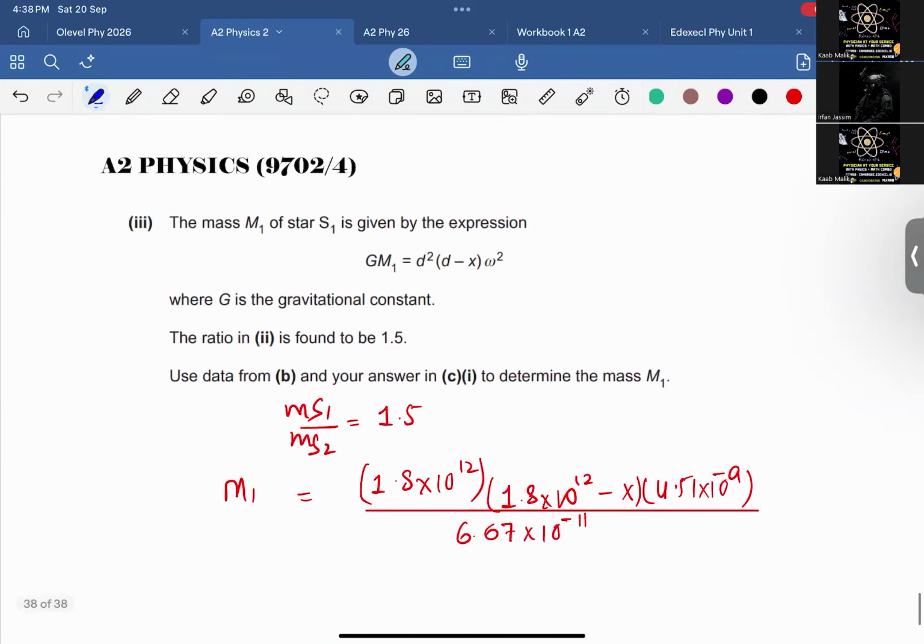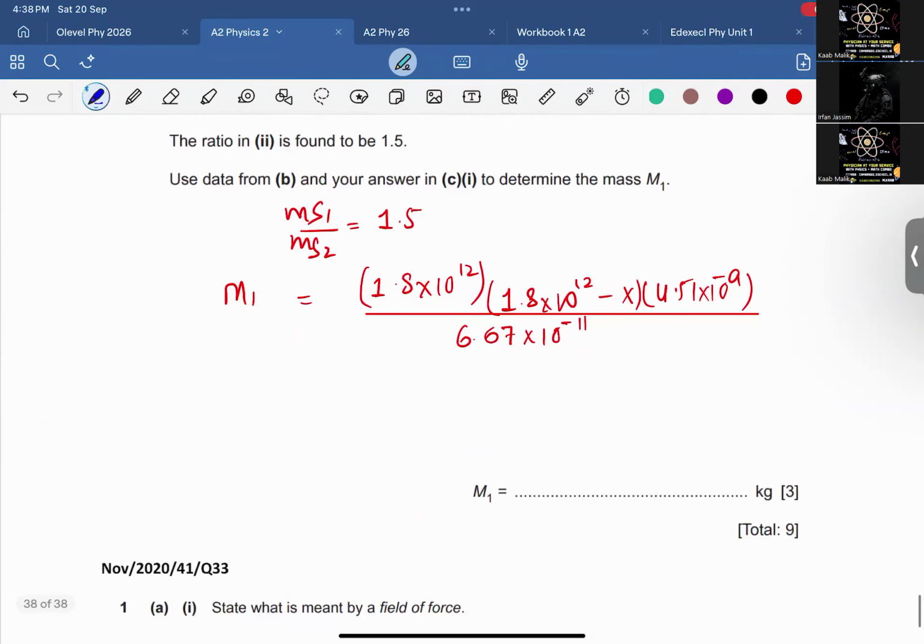So we can use this relation to find X. So D minus X over X is equal to 1.5, so 1.5 plus 1 is 2.5, so D is equal to 2.5X. Then 1.8 exponent 11 divided by 2.5 gives you the X.